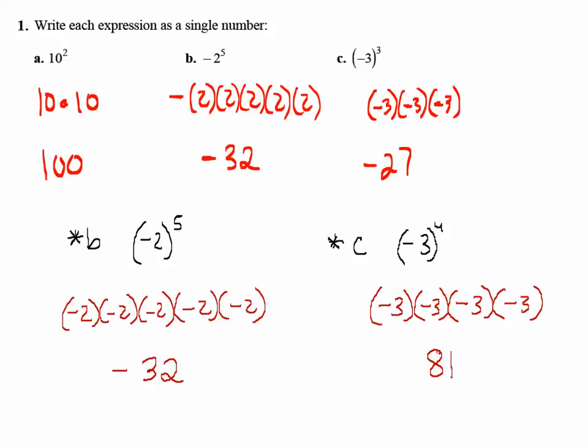Okay, so if the exponent is even, the result will be a positive number. There's a difference if it's an even or an odd exponent. Good. So an odd exponent keeps the negative, and a negative to an even power makes the negative disappear.